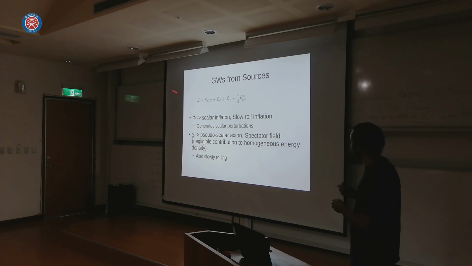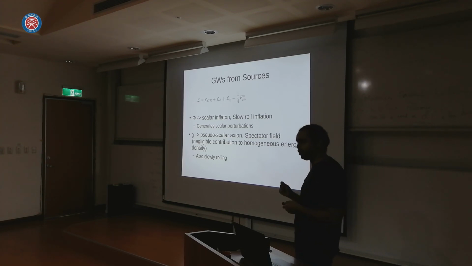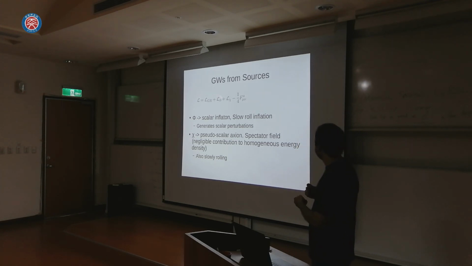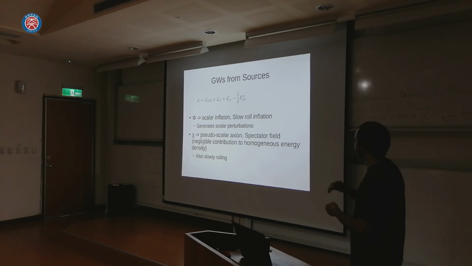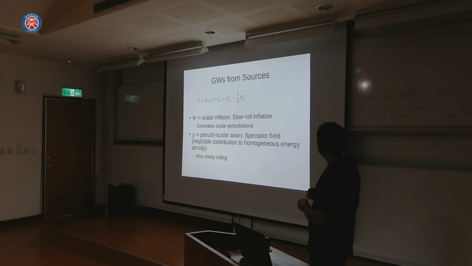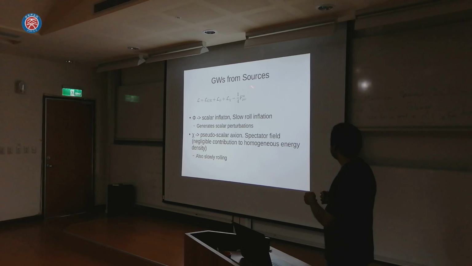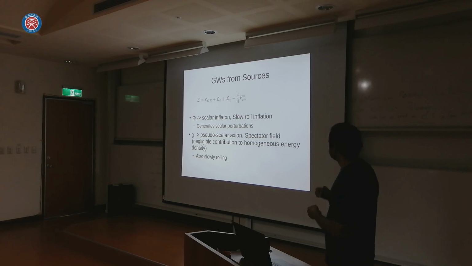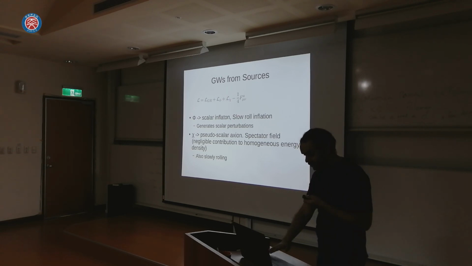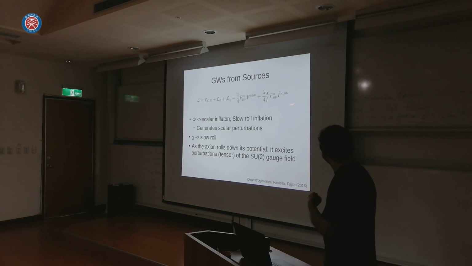Let's consider that this axion has an energy density which is very small compared to that of the inflaton, so that it does not affect the background evolution. As the universe inflates, both the inflaton and the axion slowly roll down their potentials. But once you have an axion, it naturally couples to gauge fields. So this coupling naturally appears.